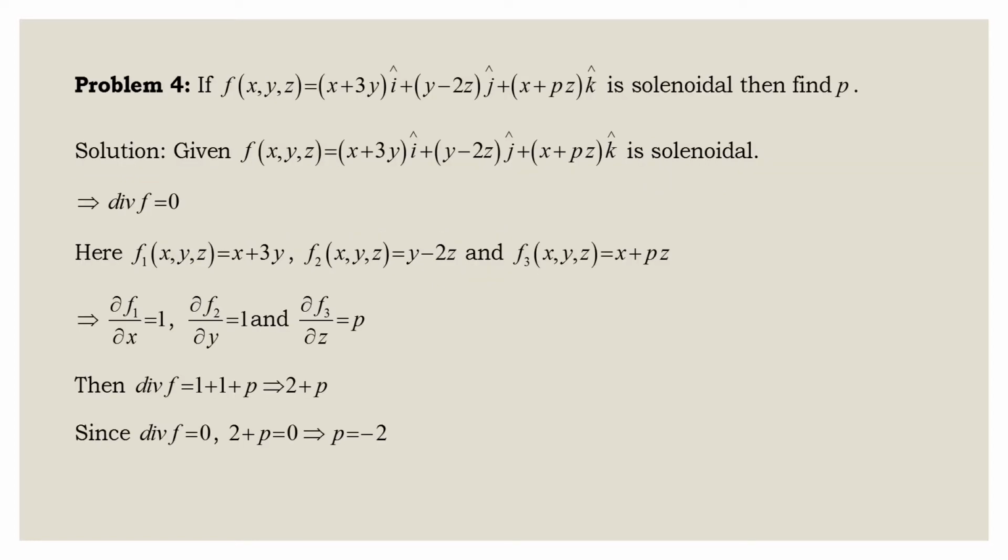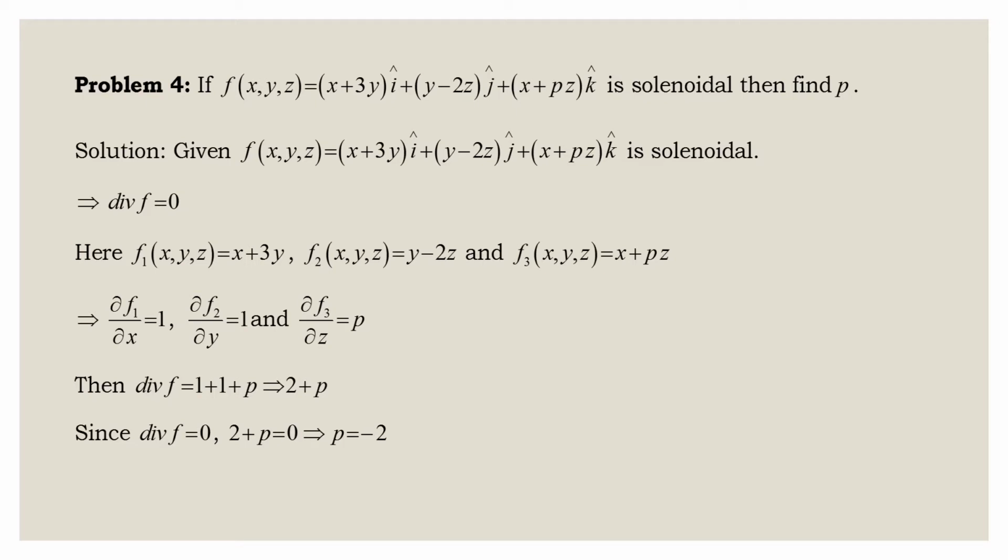Problem 4. In this problem, a scalar field f is given, and it is given that this vector field is a solenoidal vector field. But in this vector field, a constant P is given.